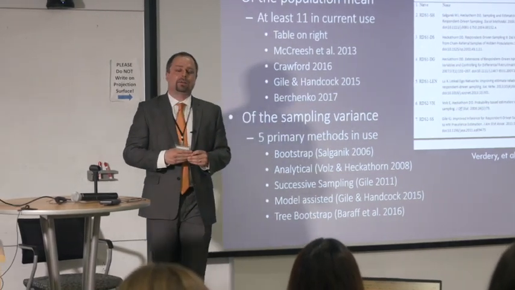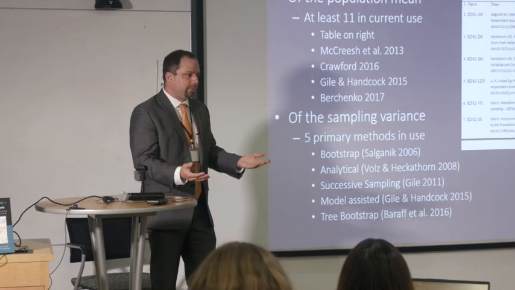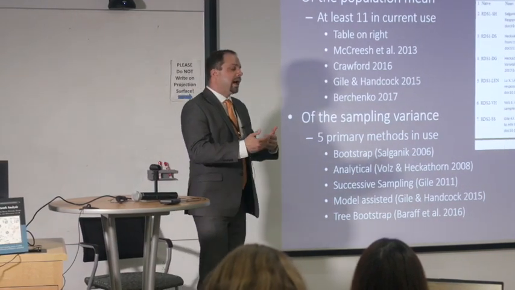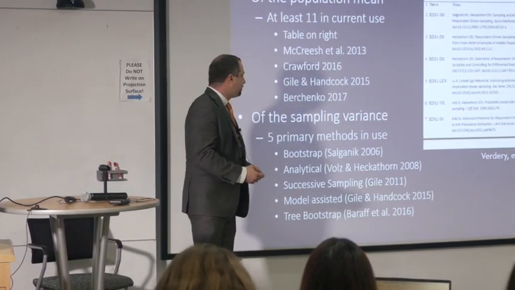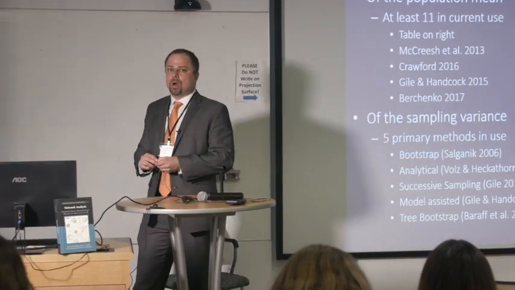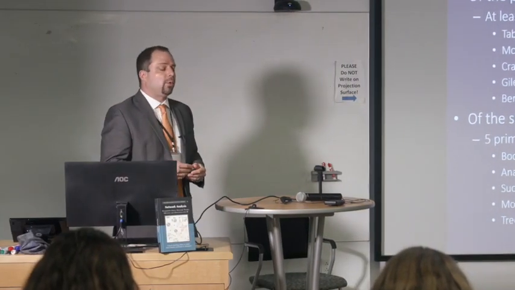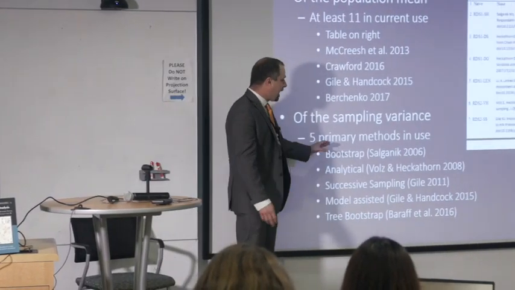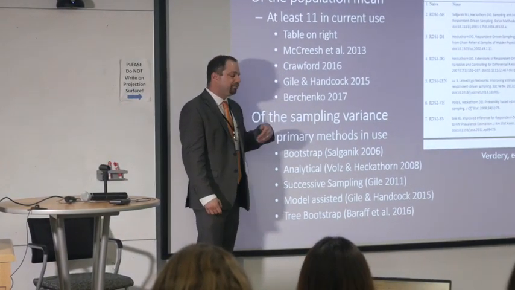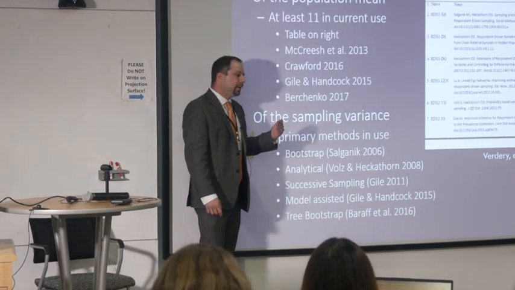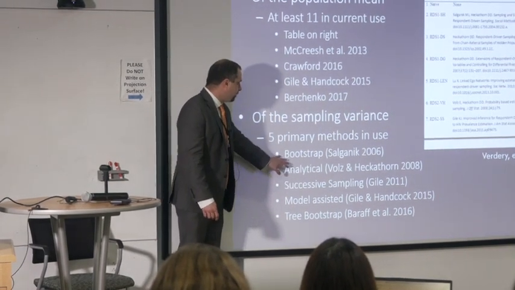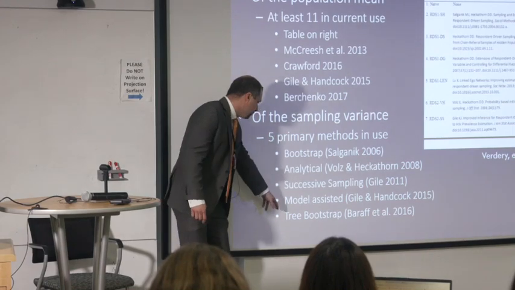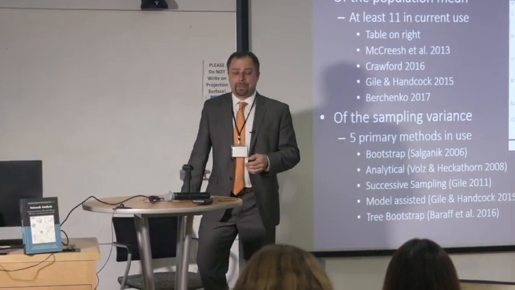So there are ones that address this idea of sampling with replacement, and that does a great job of correcting that bias. There are very few estimators for sampling variance, and in general they tend not to work as well as some of the core mean estimators, but some of the later ones, like the tree bootstrap method, tend to do a much better job.